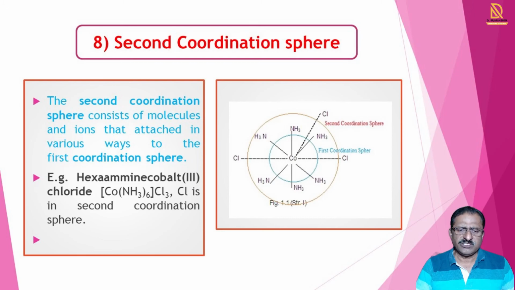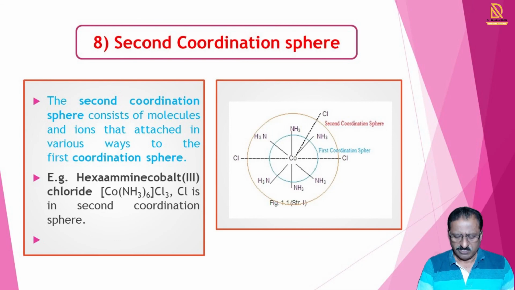This second coordination sphere consists of molecules and ions that are attached in various ways to the first coordination sphere. Here cobalt is attached to 6 NH3, that is the first coordination sphere, and outside it are 3 Cl, in the second coordination sphere.